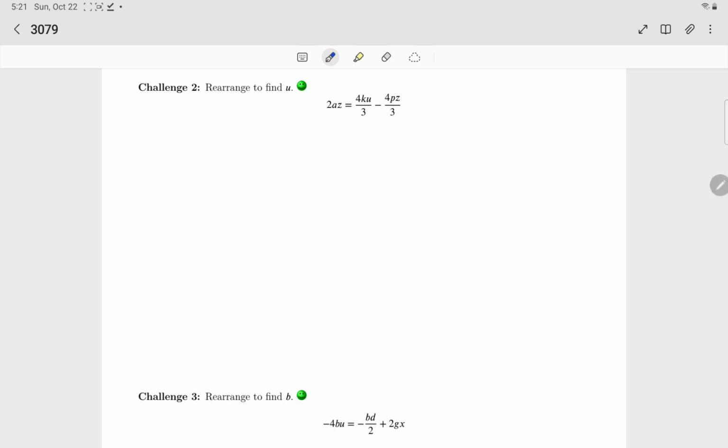In challenge 2, we want to isolate u. First, we're going to multiply each term by 3. We get 6az equals 4ku minus 4pz. Now we're going to add 4pz to both sides.